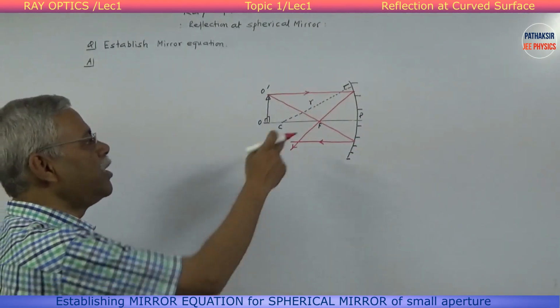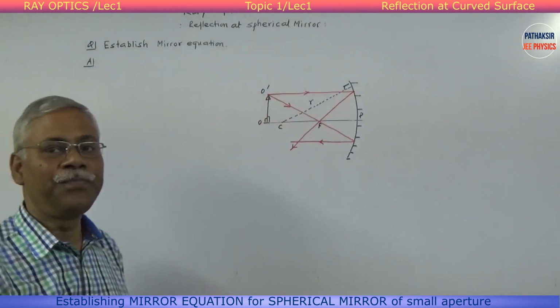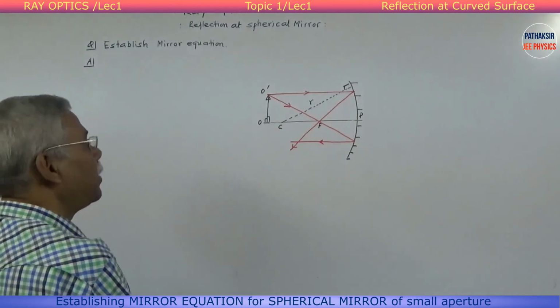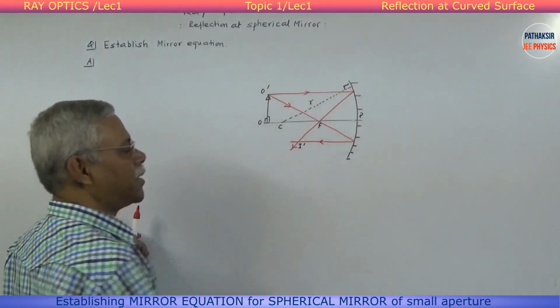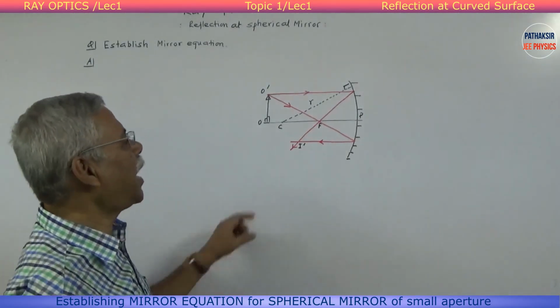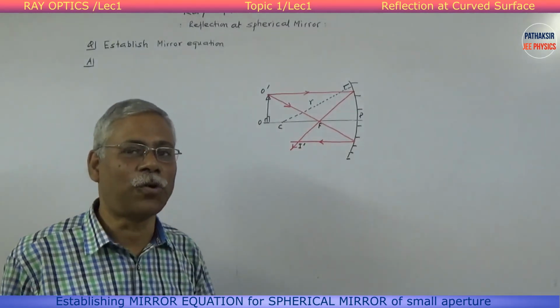So these two rays which have emerged from the point O dash are meeting at the point I dash. Hence, at the point I dash, the image of O dash will form.